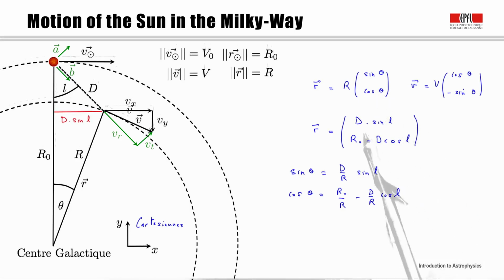Sine is equal to this expression. Cosine is equal to this one. And there is a factor r that should not be forgotten. Thanks to this calculation, it was possible to eliminate the angle that cannot be observed and to replace it by the angle l, which is more relevant because it is the one that can be observed.